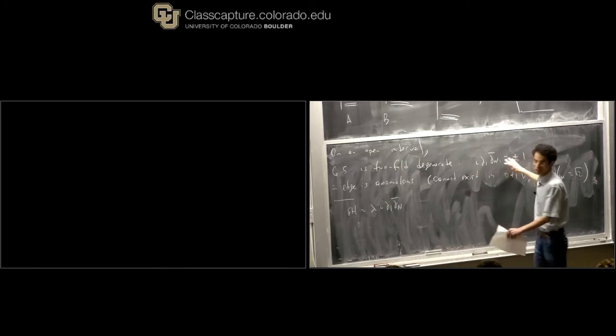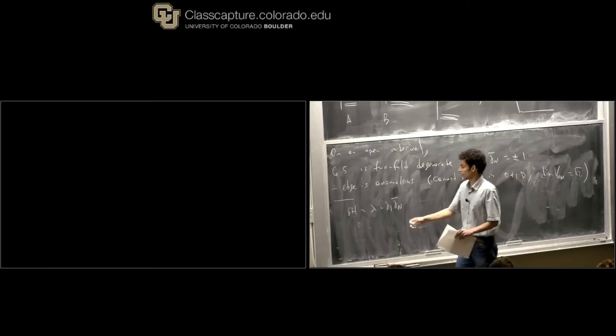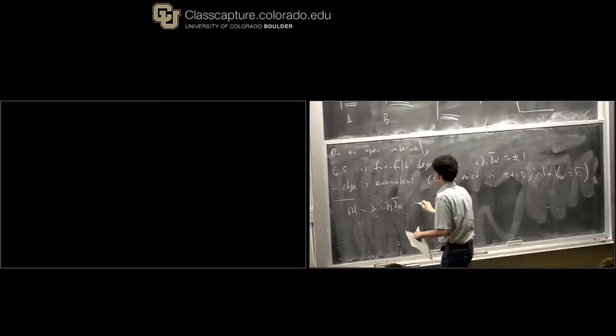It would give different energy to these two states. But this is a non-local perturbation. I'm considering this open chain, so site 1 is very far from site n. So this is a non-local coupling, prohibited.